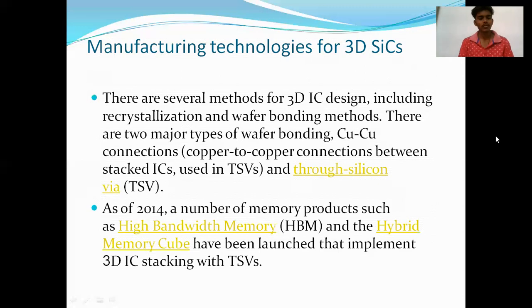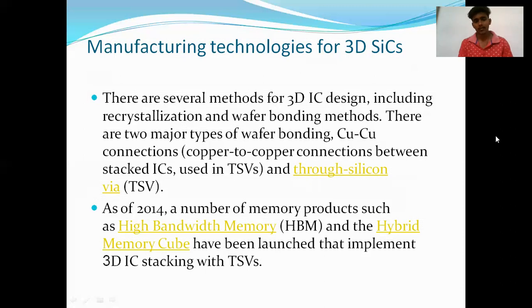As of 2014, a number of memory products such as high bandwidth memory and hybrid memory cube have been launched that implement 3D IC stacking with TSVs.